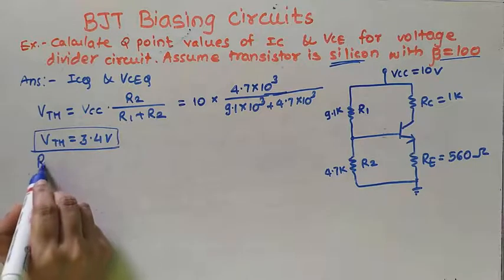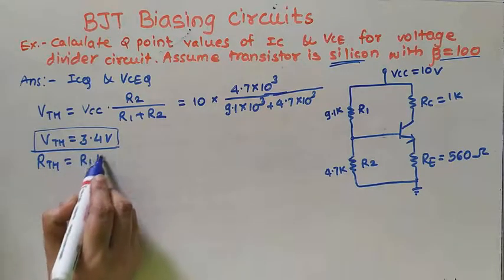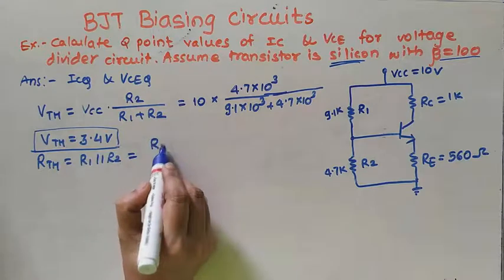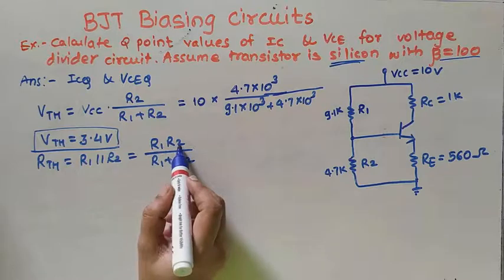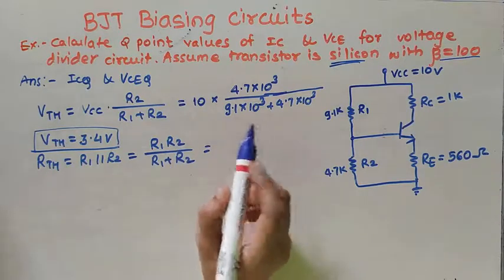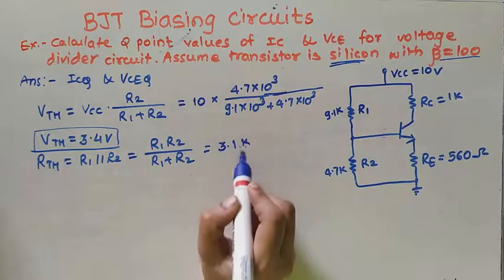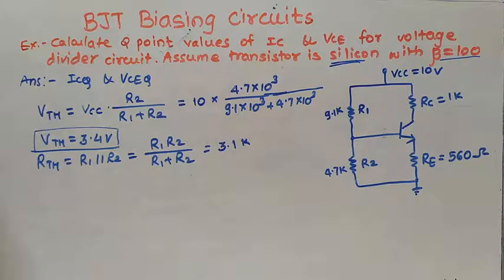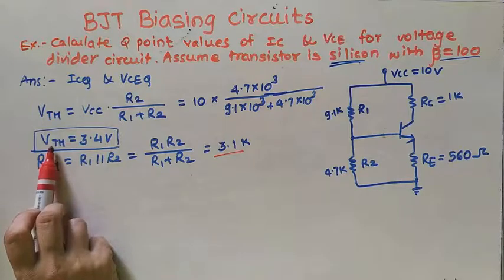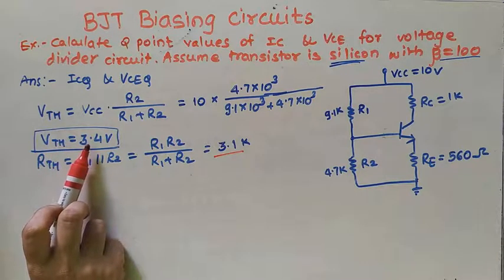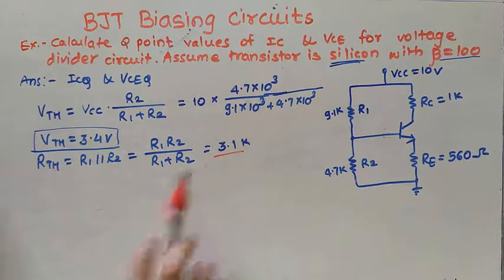Similarly, we can find out RTH, which is nothing but R1 parallel to R2, that is R1 R2 divided by R1 plus R2. Put the values of R1 and R2 in this, and when we solve that, we'll get the equivalent resistance equal to 3.1 K. So here we have found the value of VTH, 3.4 volt, and RTH, 3.1 K. Now we can draw the Thevenin's equivalent circuit and solve further.